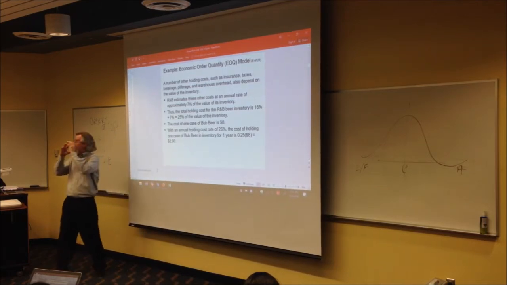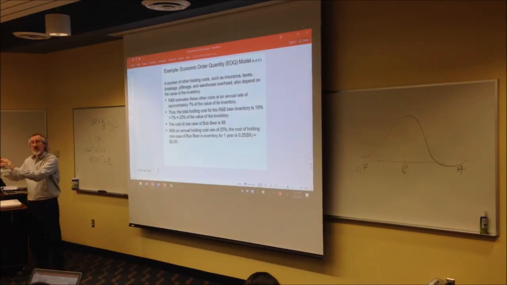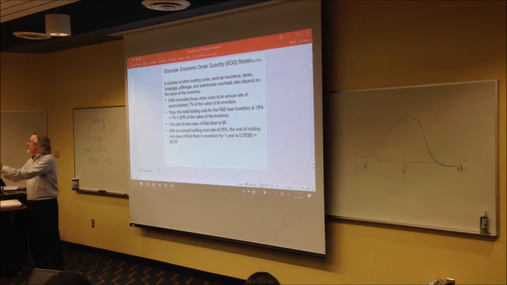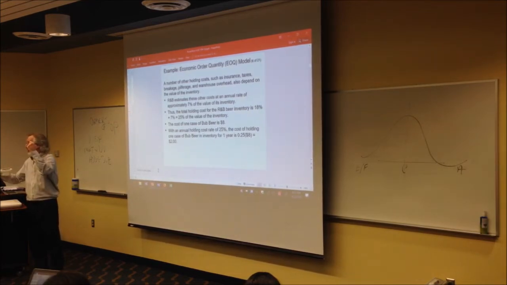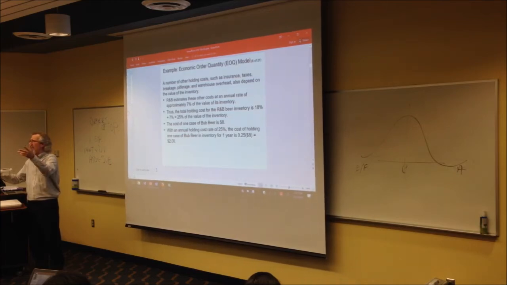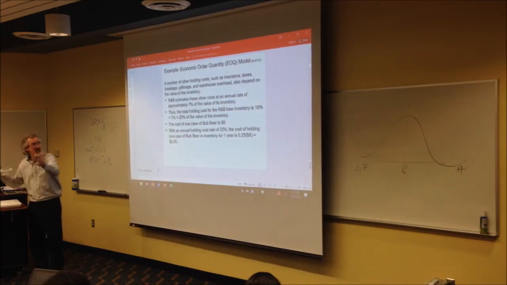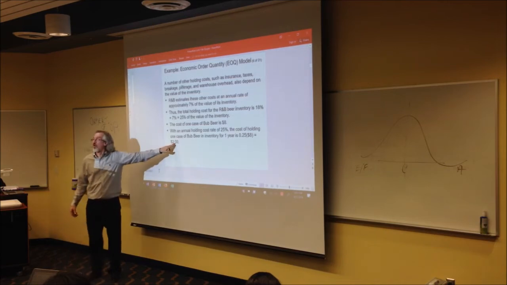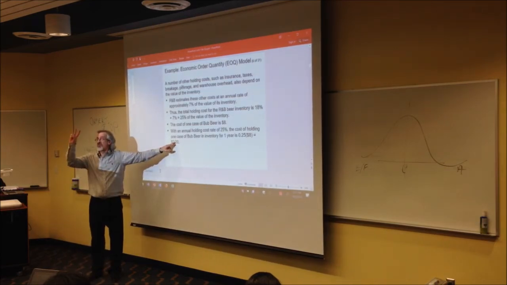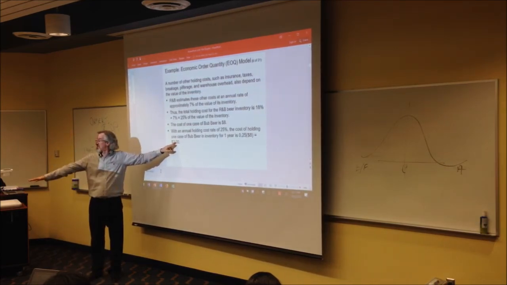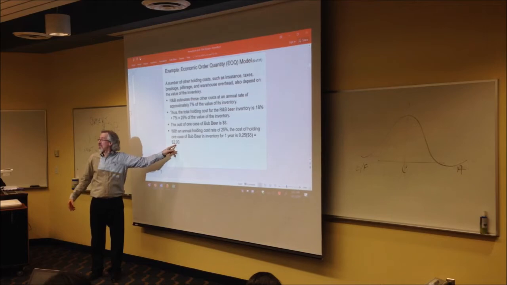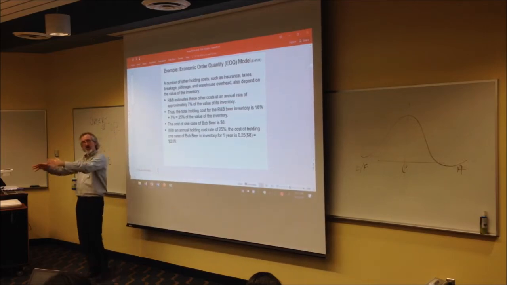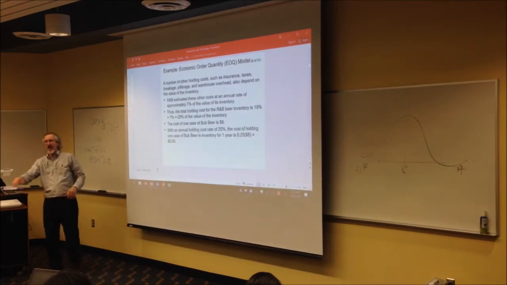So when you are going to use the formula for C sub H, your holding cost, you have to figure out what 25% of the cost of one case is. Were we told the cost of one case? $8? 25% of the $8, there's your holding cost. It costs $2 a year for each case to be in the warehouse in that spot for a year's time.